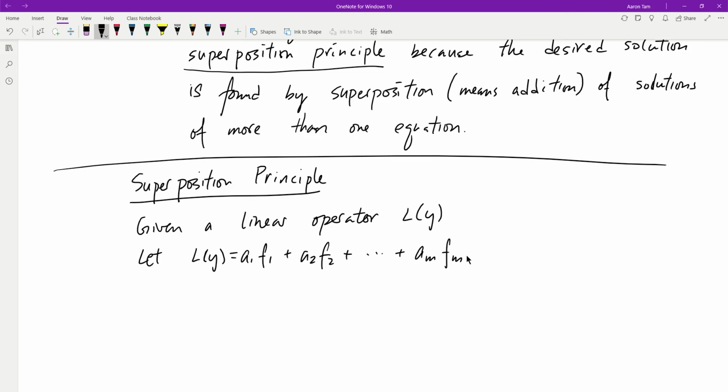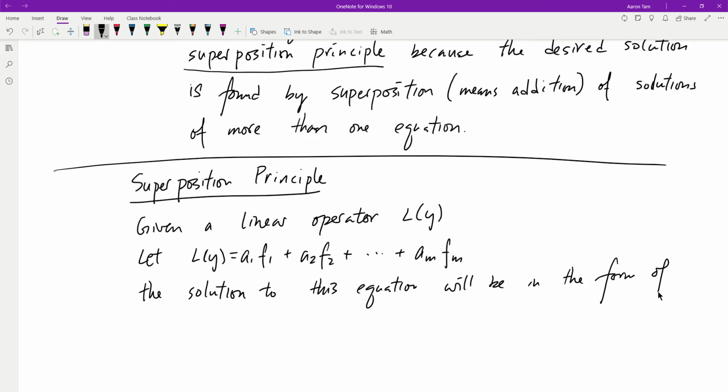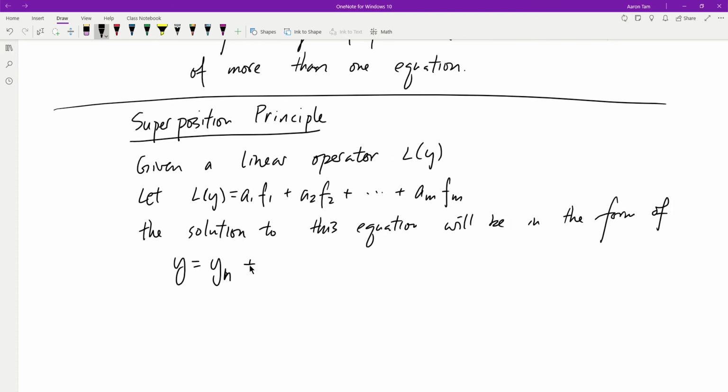Then the solution to this equation will be in the form of y equal to y sub h, that's the homogeneous solution, plus a1 y sub 1 plus a2 y sub 2 plus dot dot dot plus am y sub m.